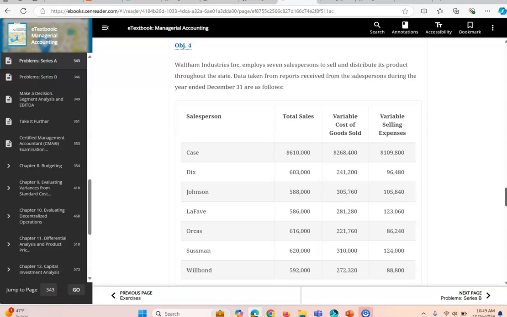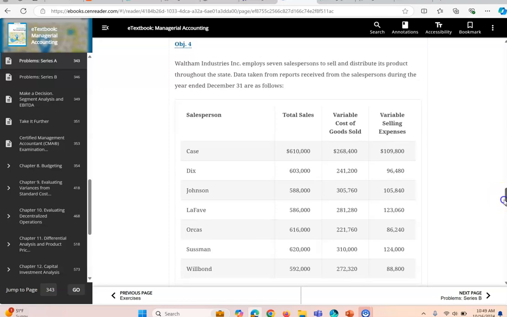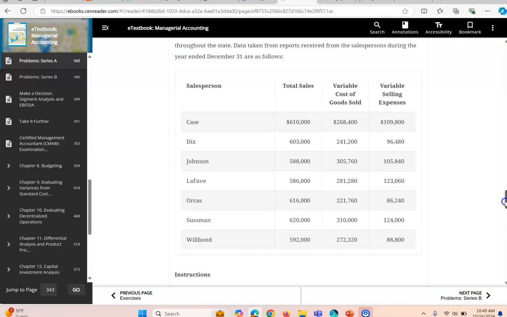Data taken from reports received from the salespersons during the year ended show the various salespeople, their total sales, their variable cost of goods sold, and their variable selling expenses.